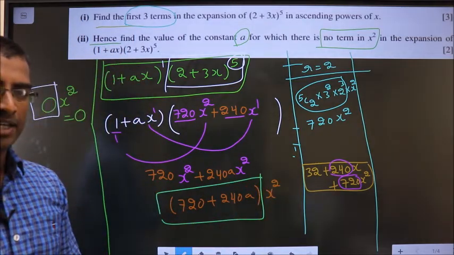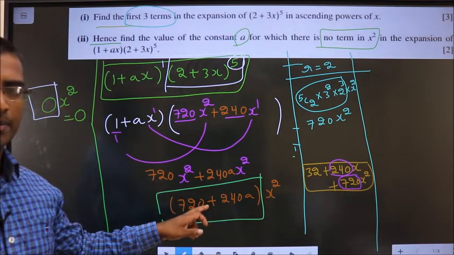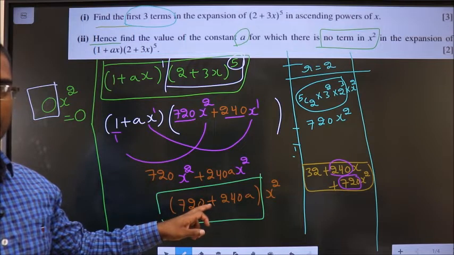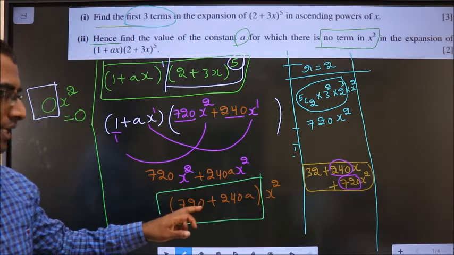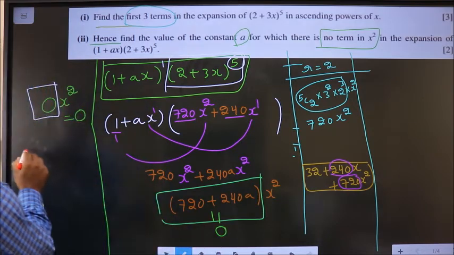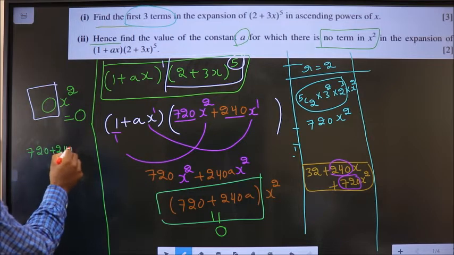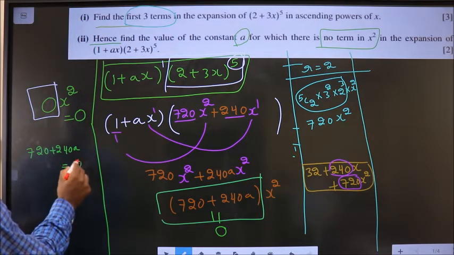No term in x square means equate the coefficient of x square equal to 0. That is how you make sure that x square term does not exist in that expansion. Okay. So equate this to 0. So that is 720 plus 240a is equal to 0.